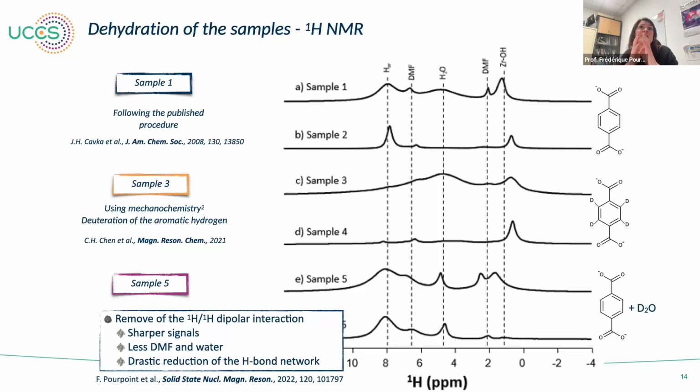However, you still have the ZrOH that could shift as well because of the reduction of the H-bond network. So through proton NMR, you definitely have information regarding the H-bond network of those compounds.